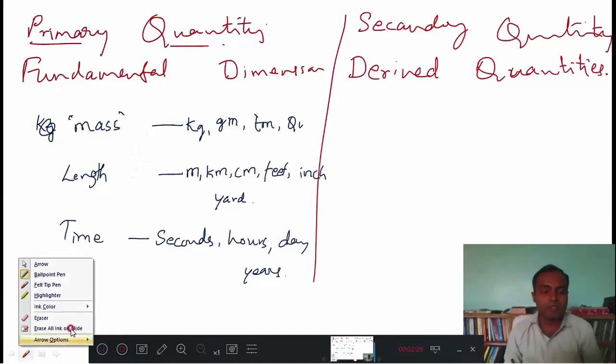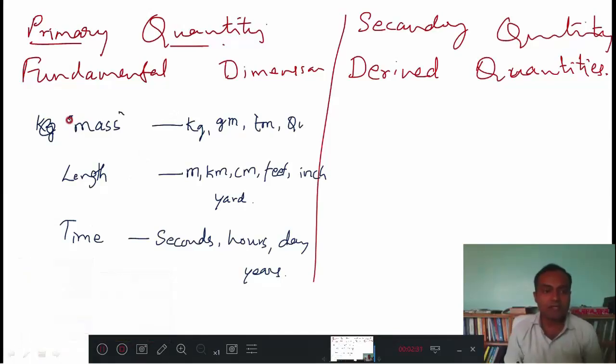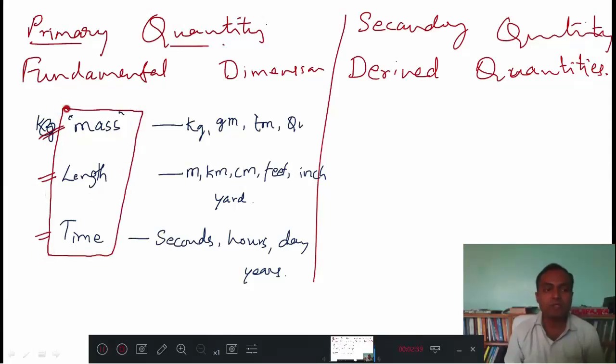But these three, mass and length and time, are very fundamental. In this universe, whatever mathematical symbol or parameter or quantity you take, you have to fit it by these three only. In terms of mass you need to measure, or in terms of length, or in terms of time.